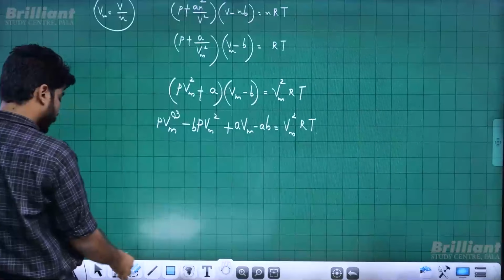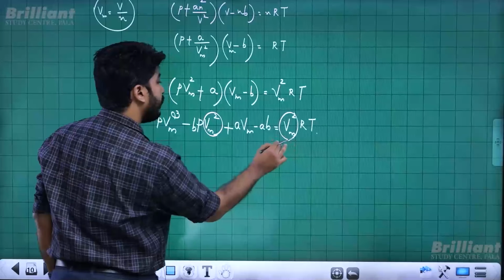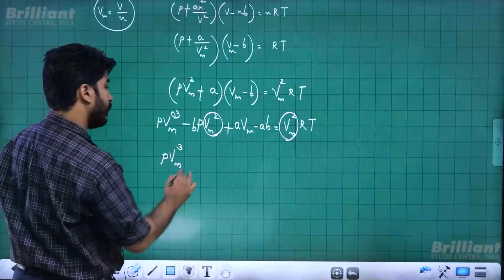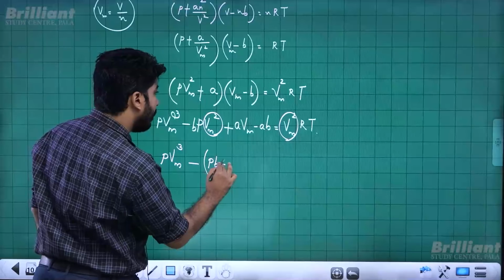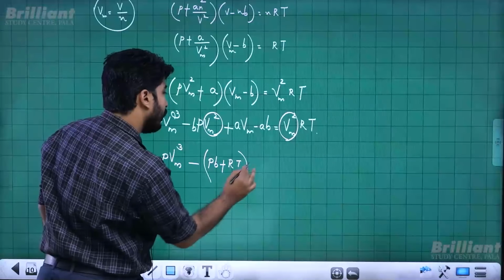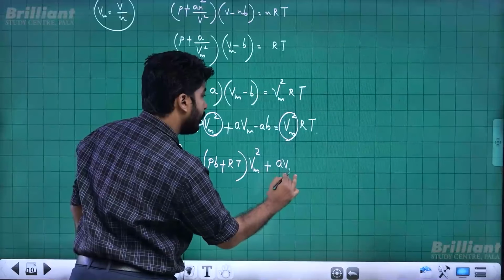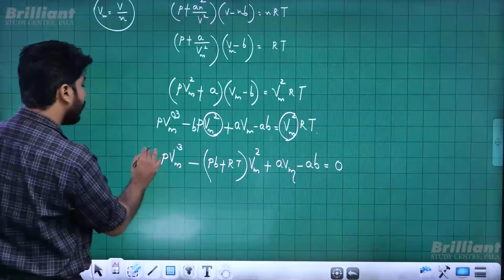So you can see two terms having Vm square as a variable. So bring them together. The final equation will be P Vm cube minus (Pb plus RT) Vm square plus a Vm minus ab equal to 0. So this is the required cubic equation.